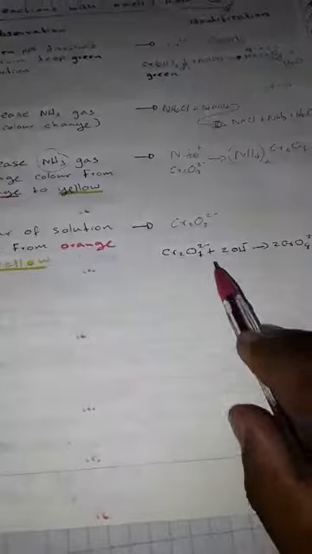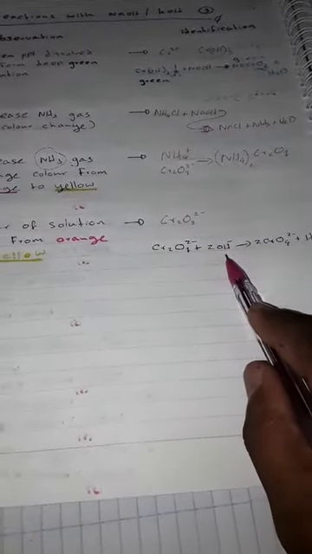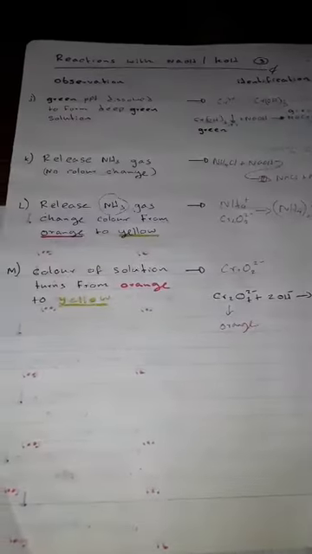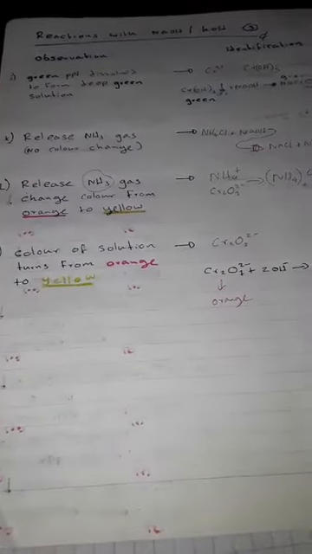Dichromate ions react with OH-, the base, which is sodium hydroxide, and convert to chromate. The dichromate is orange and this one is yellow.